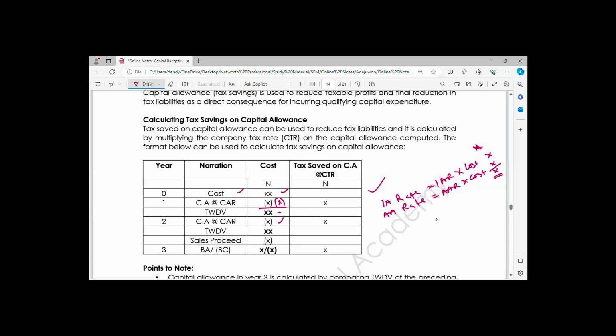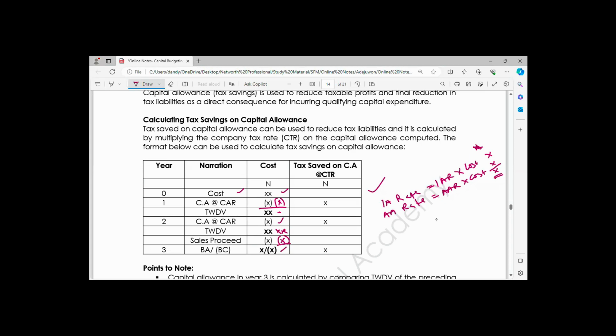Then we're assuming in this format that the useful life of this asset is 3 years. Therefore, in the final year, which is year 3 now, the first thing I will do is that I will pick my tax written down value from the preceding year. I will now compare with the scrap value or sales proceeds. So the difference will give me either balancing allowance or balancing charge.